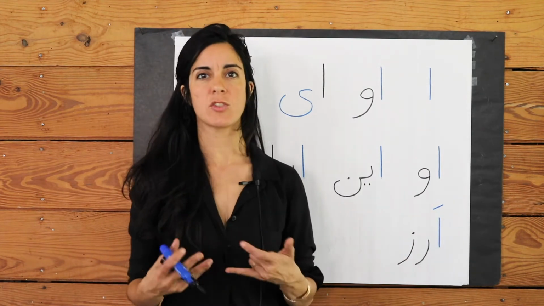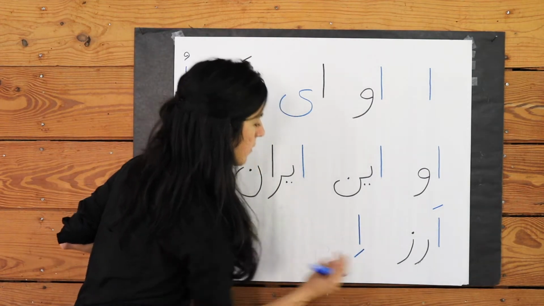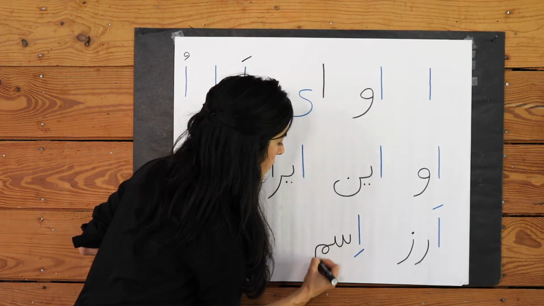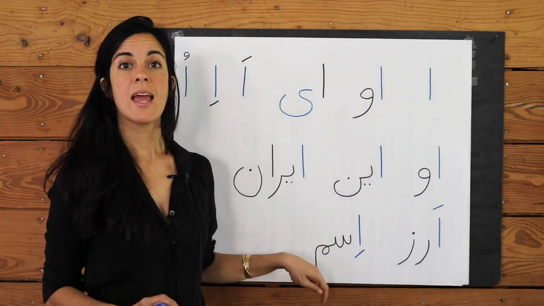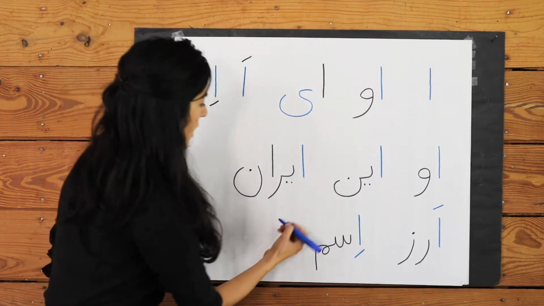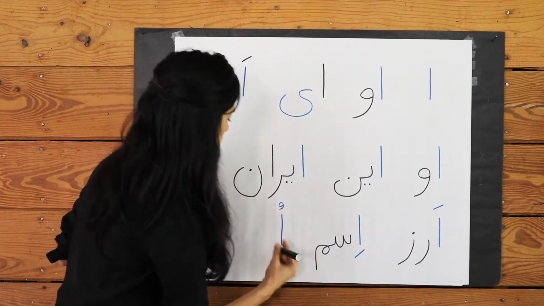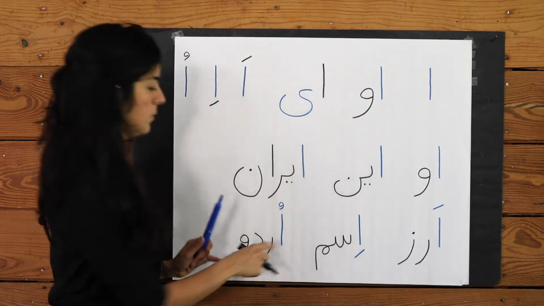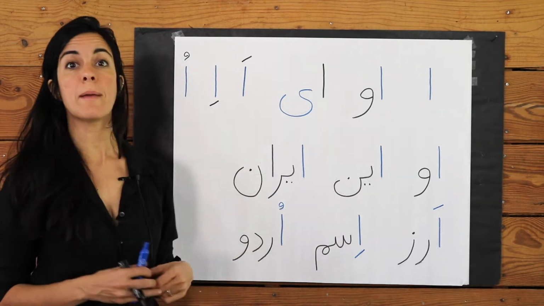Arz, and that means change, like pocket change. An A with an E accent becomes ism, name, ism. And an A with an O accent becomes ordu. So ordu, and that means camp.